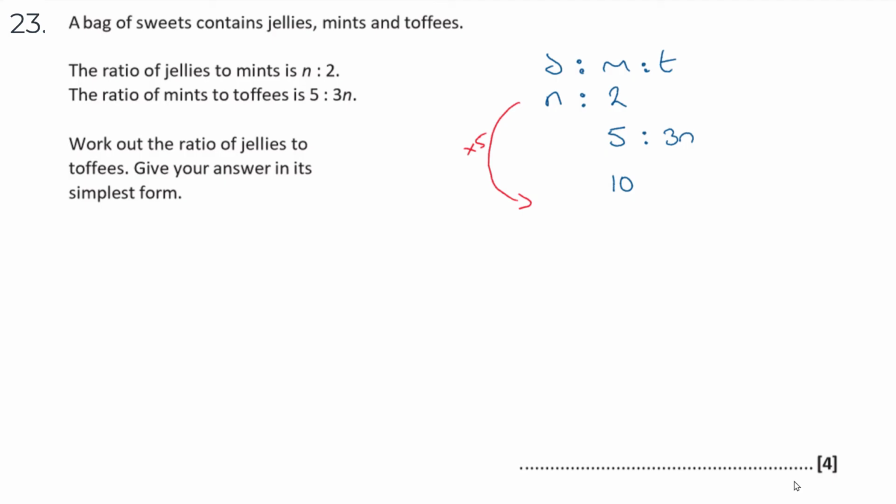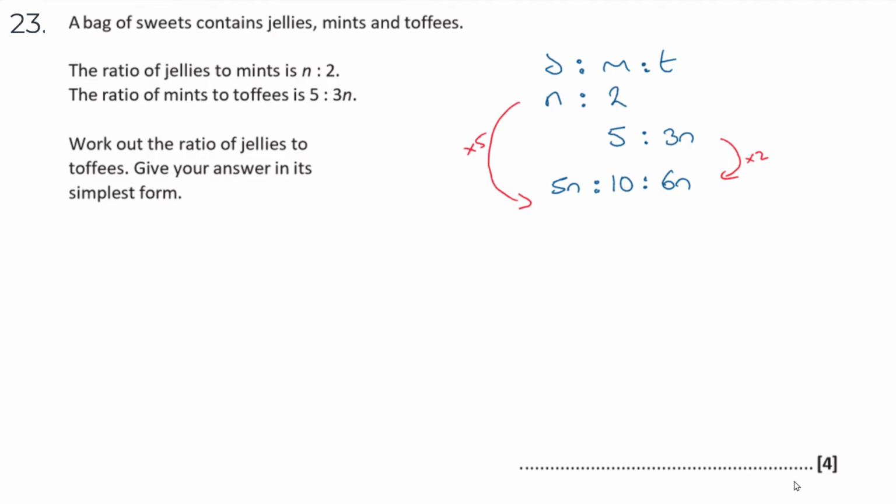Doing that to the n as well, I'd get 5n to 10 as the equivalent ratio. And on the other side, 5 to 3n. If I want to make it 10, I'm going to have to double it up, so I'm going to times that by 2. 5 times 2 is 10, but 3n times 2 is going to give me 6n. So I've got 5n to 10 to 6n.